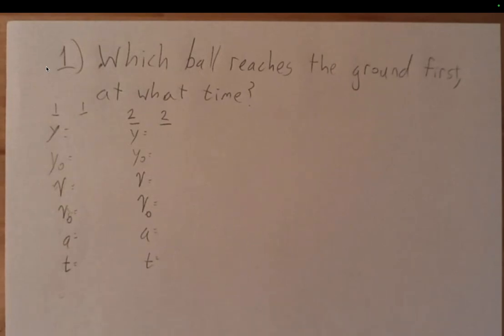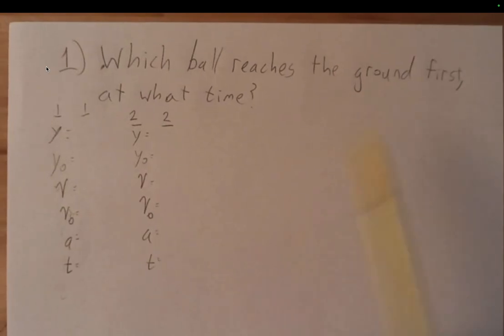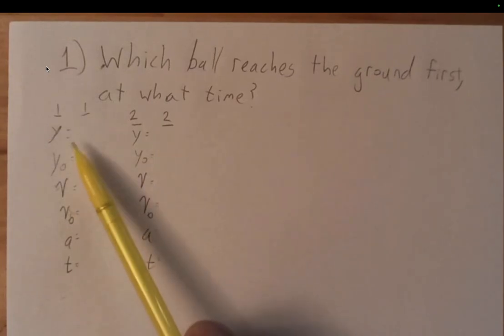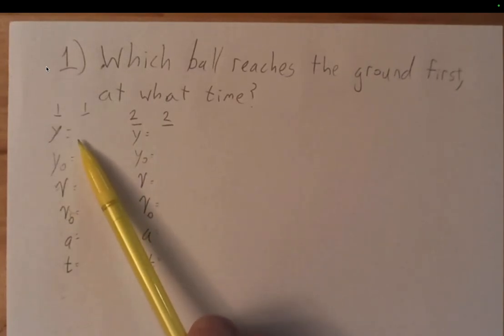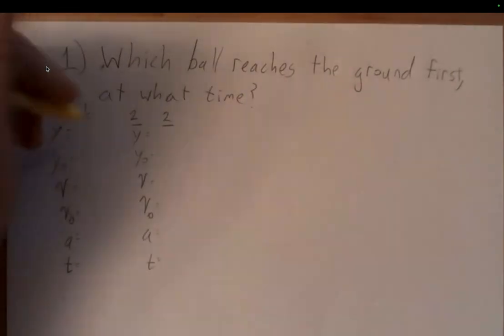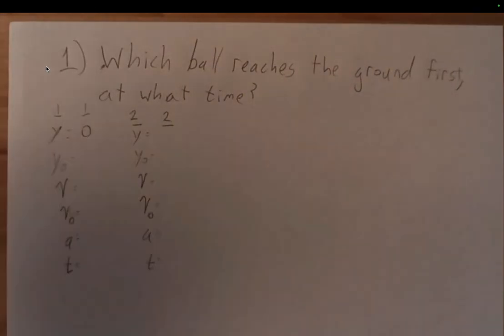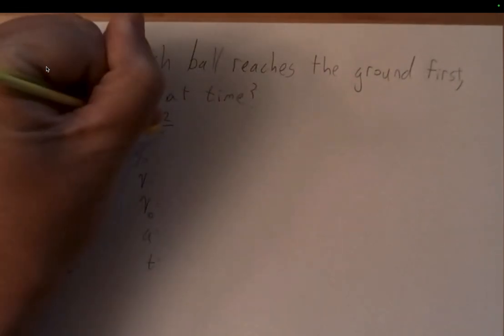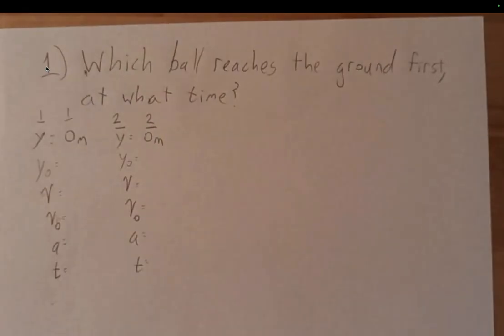I'm talking about the y direction here because if it reaches the ground first, that means it has the final position being at that point 0. So it has to hit the ground at y equal to 0 meters for both experiment 1 and experiment 2.